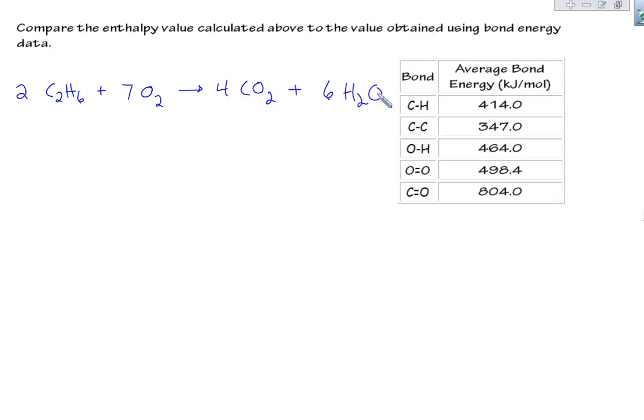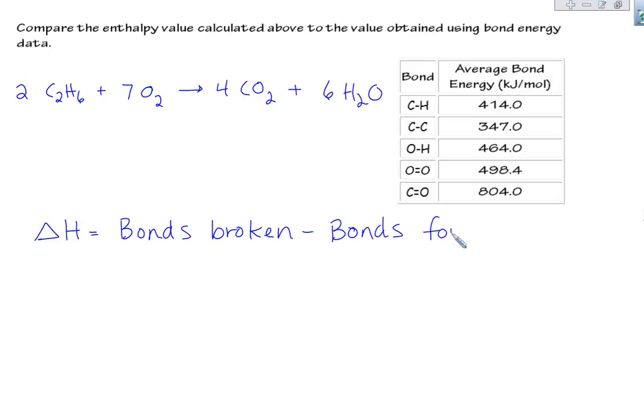And then we eventually use something like delta H equals total energy of the bonds broken minus the total energy of the bonds formed. This was just another way of calculating the energy change from a chemical reaction.